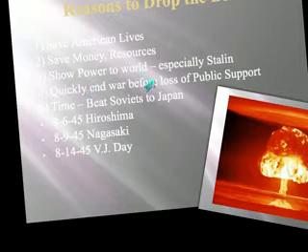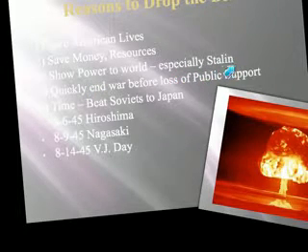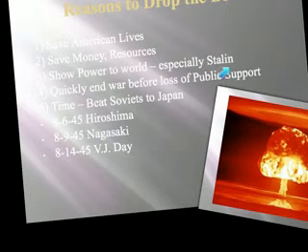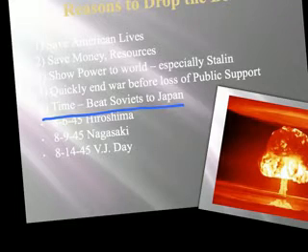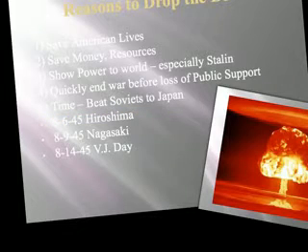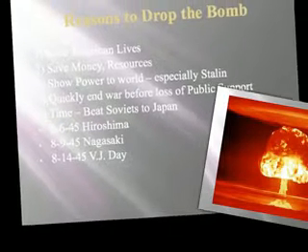But to show the power, especially, Stalin and the Soviet Union were still interested in Japan. And so if we can end the war quickly, then the Soviets do not get to intervene in post-World War II Japan. We were a little bit afraid that if the Soviets help us defeat Japan, then the Soviets get to also help determine the future of Japan.